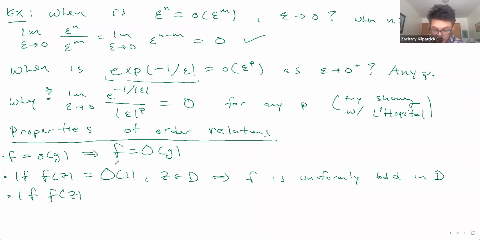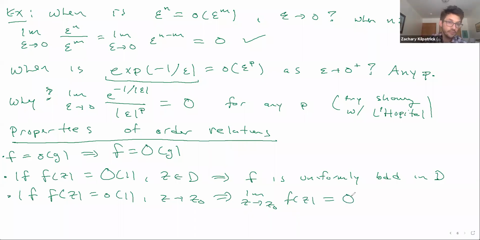If f is little o of 1 as z goes to z0, this implies that the limit as z goes to z0 of f of z is equal to 0, because I would just write this as f of z over 1 and I would get the limit 0 in that case.